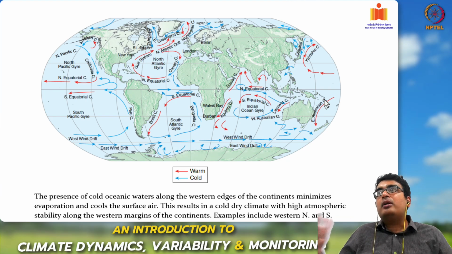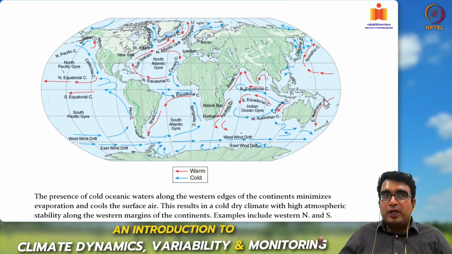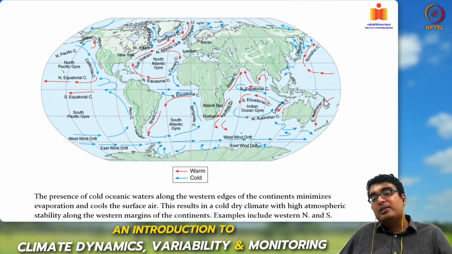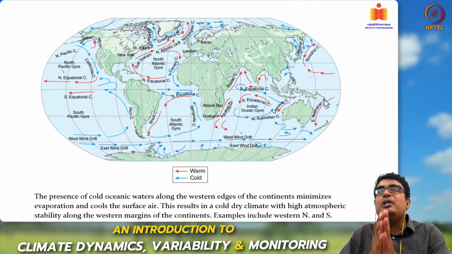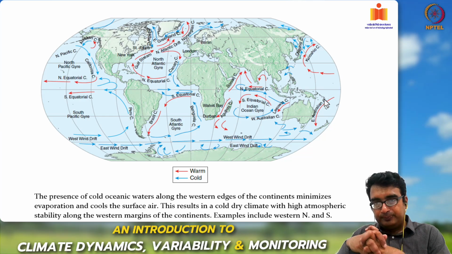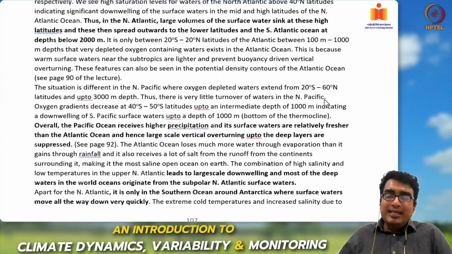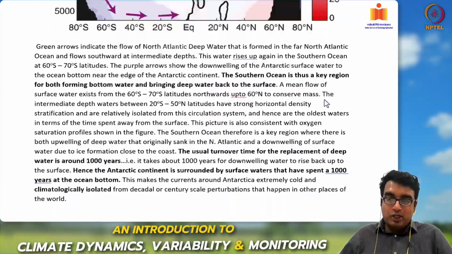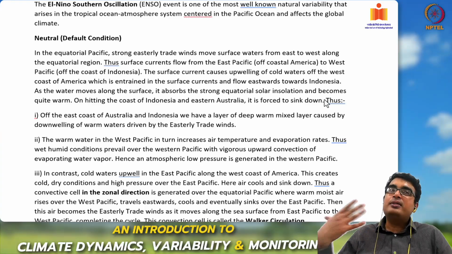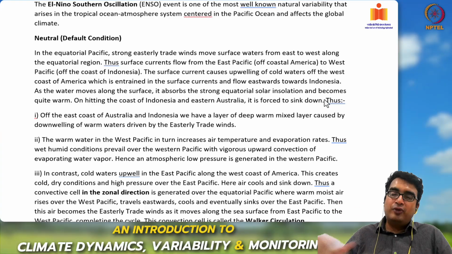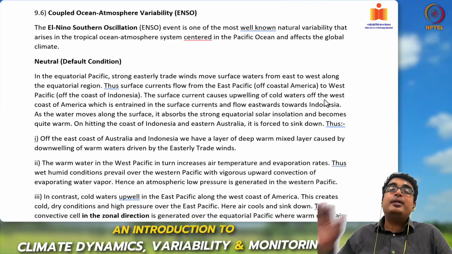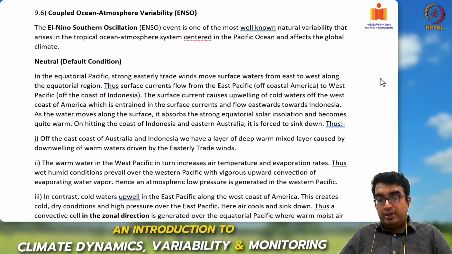So these warm waters create a lot of evaporation, creating conditional instability and hence precipitation events in the east coast of Australia and Indonesia, and hence the warm, humid climates of these regions. So this is the natural situation along the subtropical Pacific region. And this is called the neutral or the default condition.